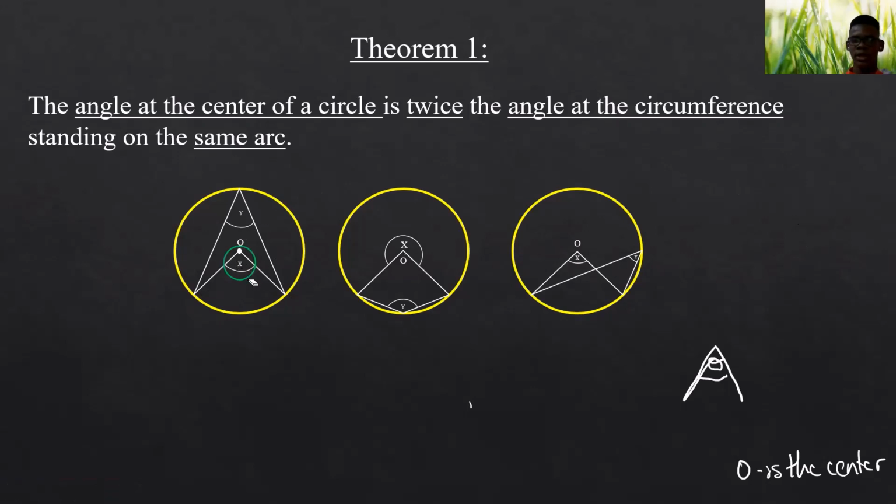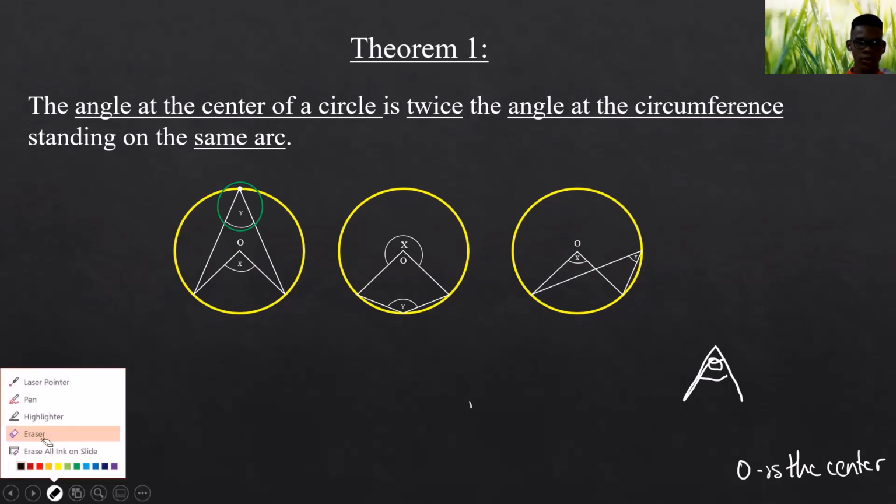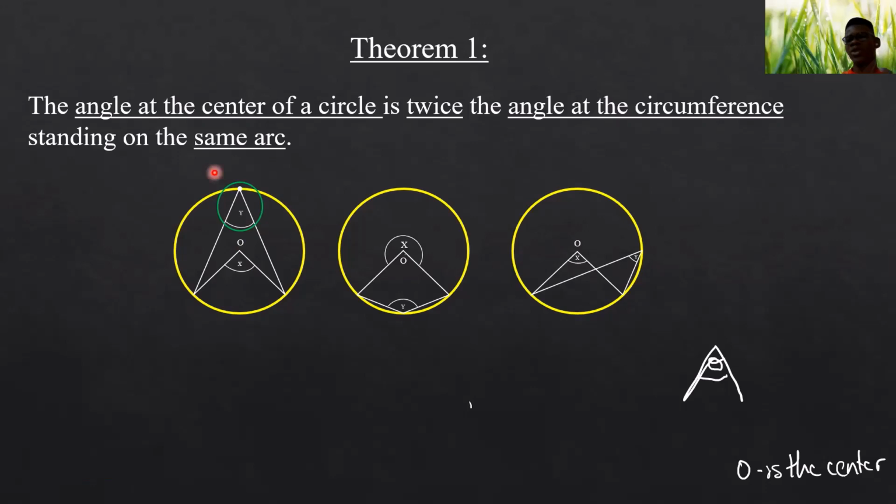Good. So this is an angle at the center, and it's labeled X. And using the same analogy, this is an angle at the circumference. Reason being, of course, the angle connects to the circumference. And for all your circle theorems, what you're going to be identifying is where your angles are.